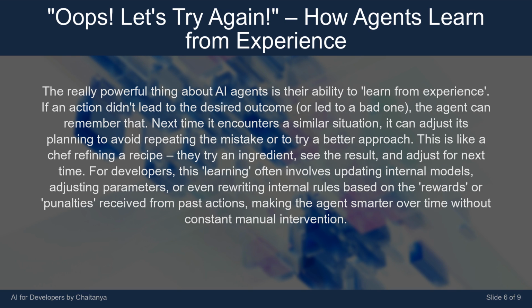They try an ingredient, see the result, and adjust for next time. For developers, this learning often involves updating internal models, adjusting parameters, or even rewriting internal rules based on the rewards or penalties received from past actions, making the agent smarter over time without constant manual intervention.